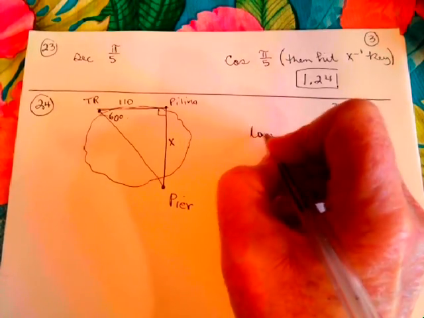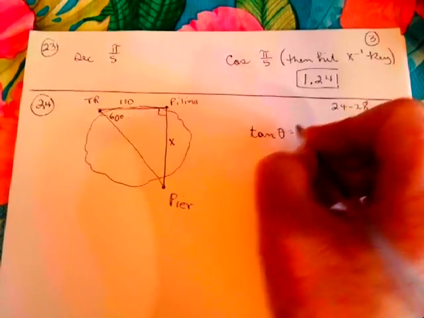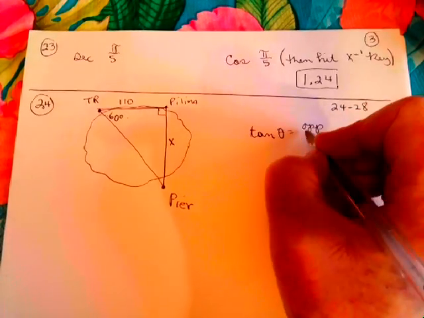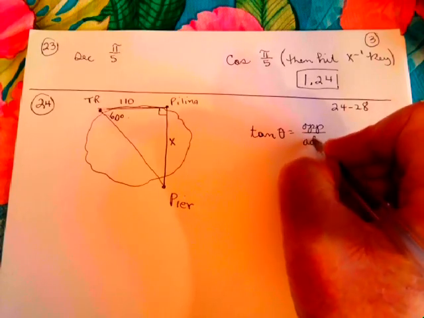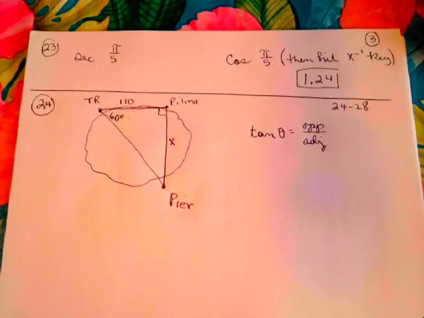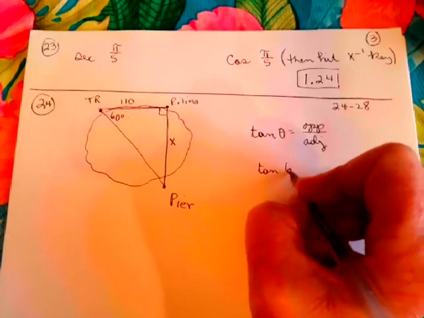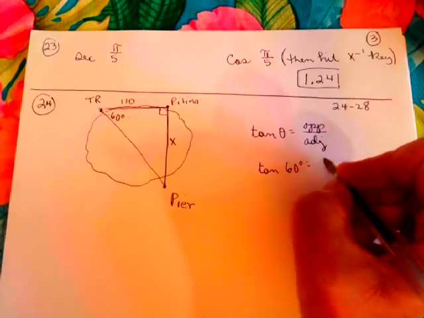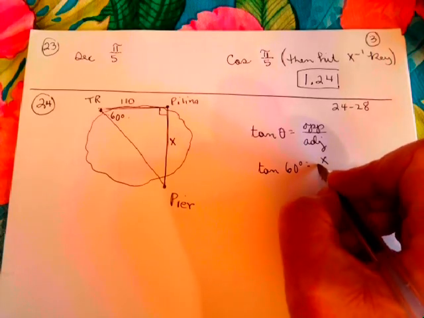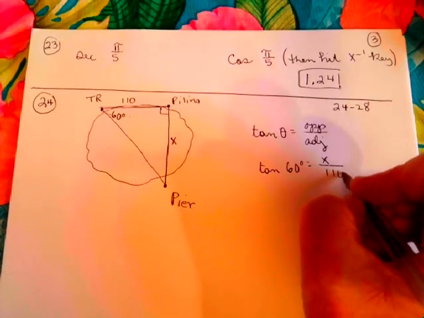Tangent of theta equals opposite over adjacent. Filling in the given information, I have tangent of 60 degrees equals opposite, which is x, over adjacent, which is 110.